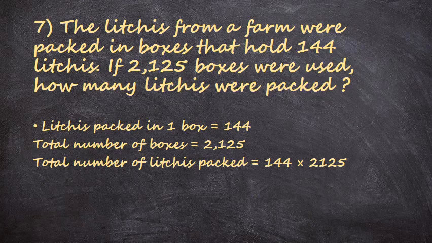Because the number of boxes were 2,125 and in one box 144 lychees were there. Now we have to find out in all how many lychees were there. So we have multiplied both the terms and the answer is 3,06,000. So in all 3,06,000 lychees were packed in the boxes.